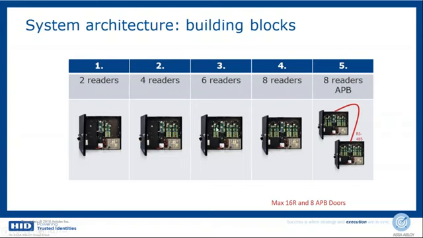Okay, so if you need to control 6 readers, you only have to add another AW2, for 8 readers, add another one, and if you want to get to the complete installation that the AC series controller supports, you will have 2 main controllers communicating through RS485, where one will be the master and the other the slave, and in the master you will find all the addresses that represent the different AW2 modules to configure them and to create the doors.